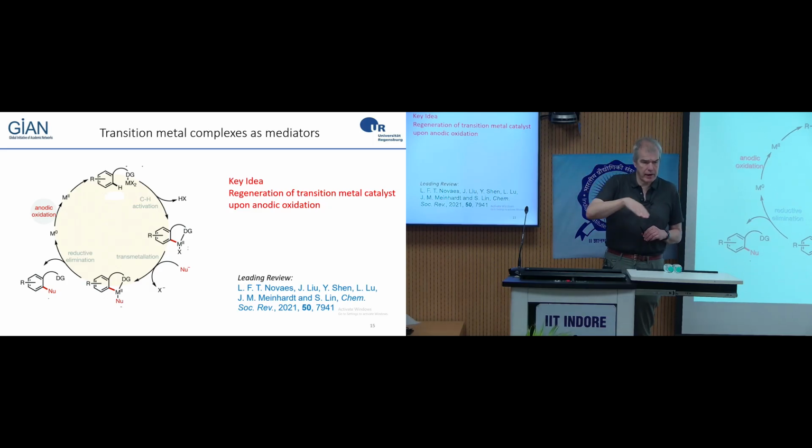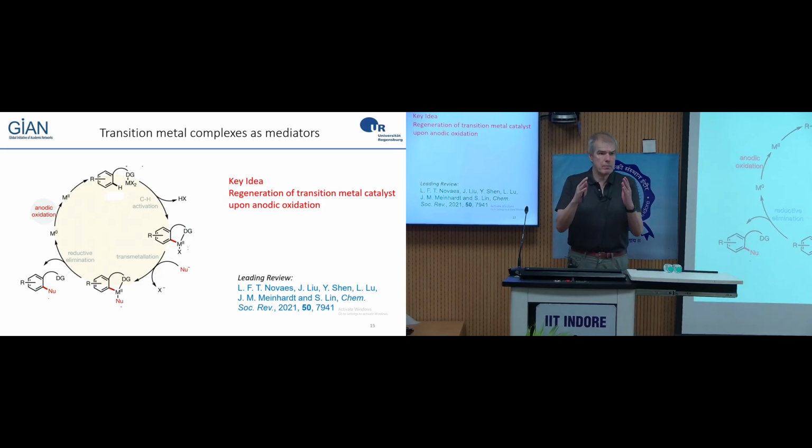In order to catalyze a photocatalytic cycle, we need to bring back our metal to the original oxidation state. And there also electrochemistry can play a very important role, because if you end up with the wrong oxidation state in your catalytic cycle, then electrochemistry might be able to bring it back, right?